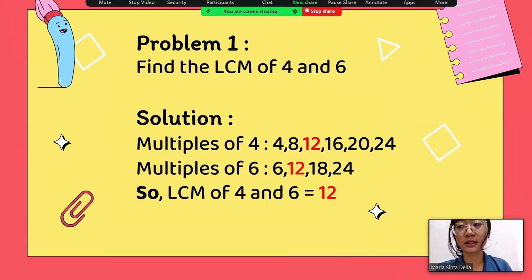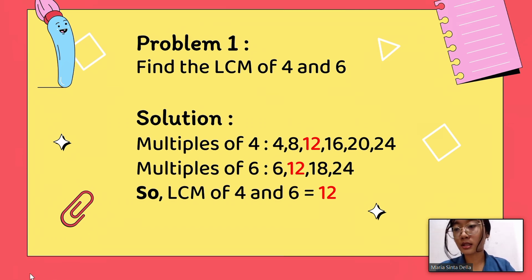Sometimes you will be given a set of 3 numbers and told to find the LCM. In that case, we just write a set of multiples for each of the numbers and find the lowest value that is common to all 3 sets. Okay, next slide.